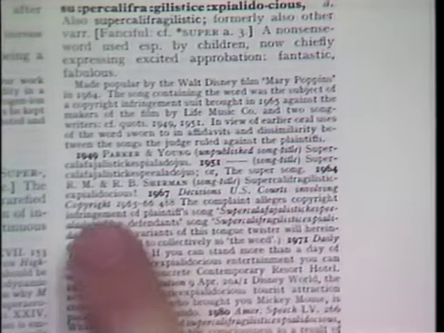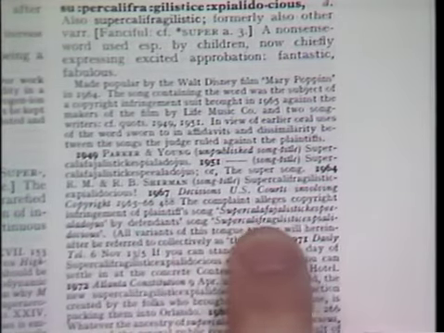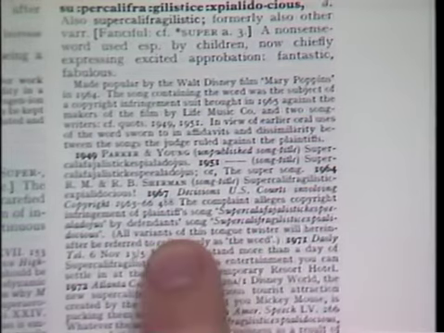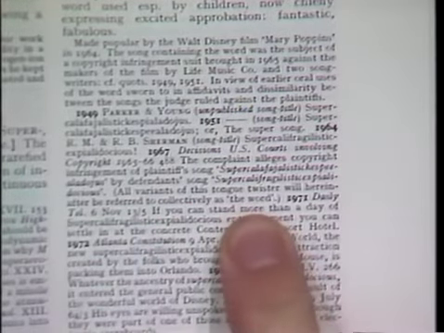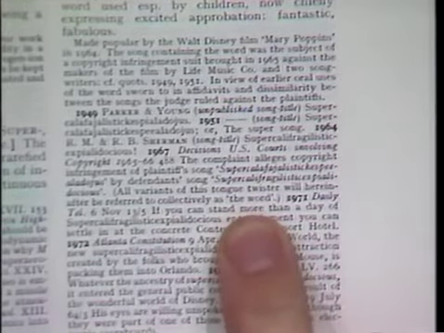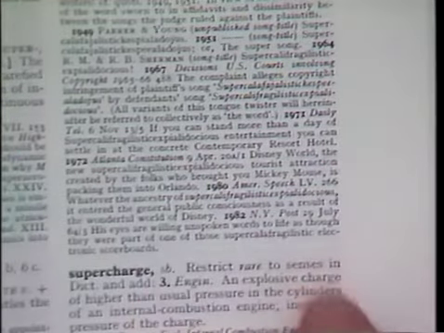The complaint alleges copyright infringement of plaintiff's song by defendant's song. Okay? And all variants of this tongue twister will hereinafter be referred to collectively as the word. Okay. So, you know, there's a lot of good stuff in the OED, okay?